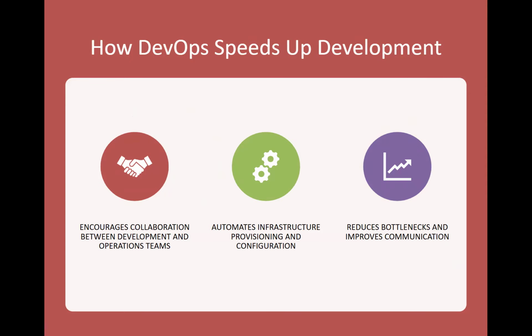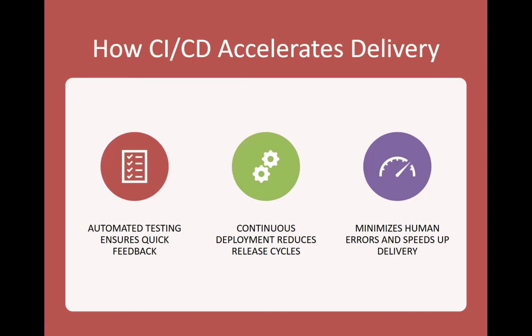So how does DevOps speed up development? It encourages collaboration between the development and operations teams, automates infrastructure provisioning and configuration, reduces bottlenecks and improves communication. How do CI and CD accelerate delivery?